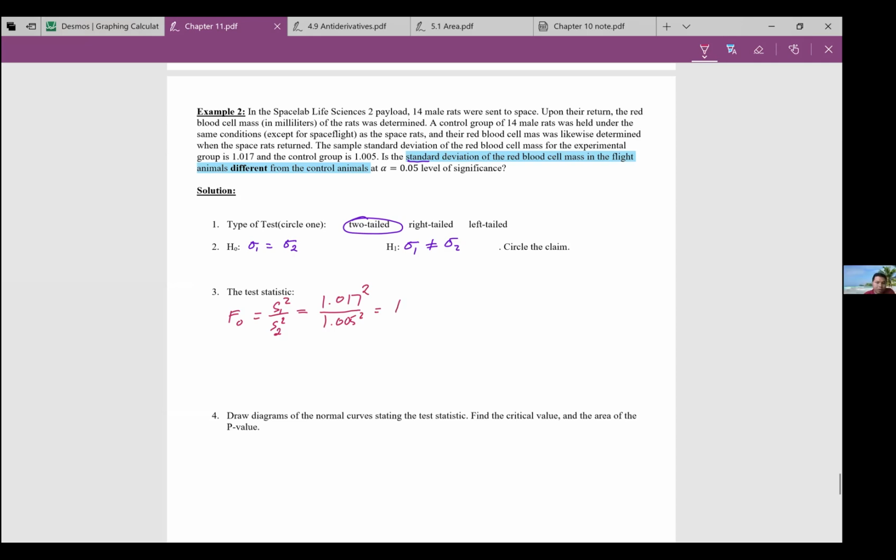So we have 1.024. Okay, so N1 is 14, so the degree of freedom will be 13. N2 is also 14, therefore the degree of freedom is also 13.